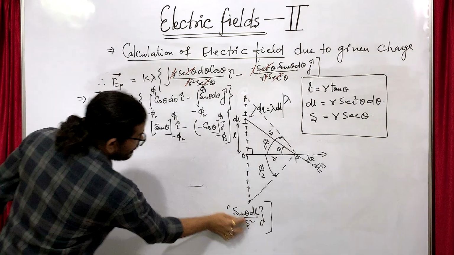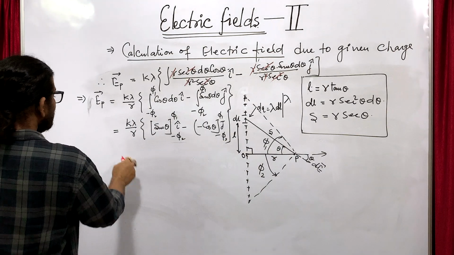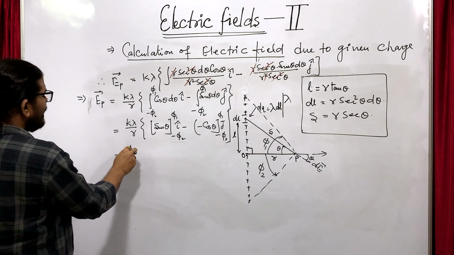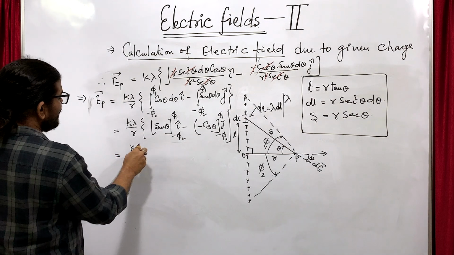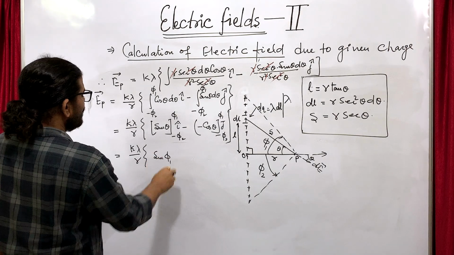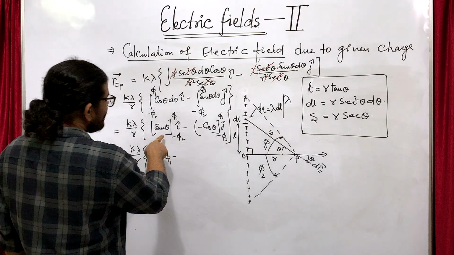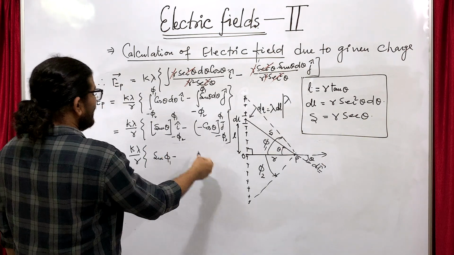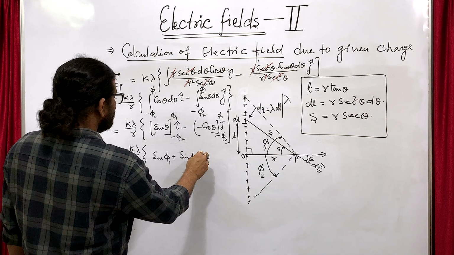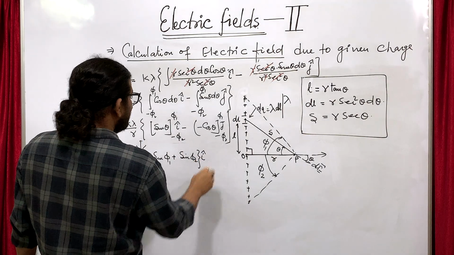So see here, further you can write k lambda divided by r, sine phi 1 minus sine of minus phi 2, that is minus, so plus sine phi 2, I cap.